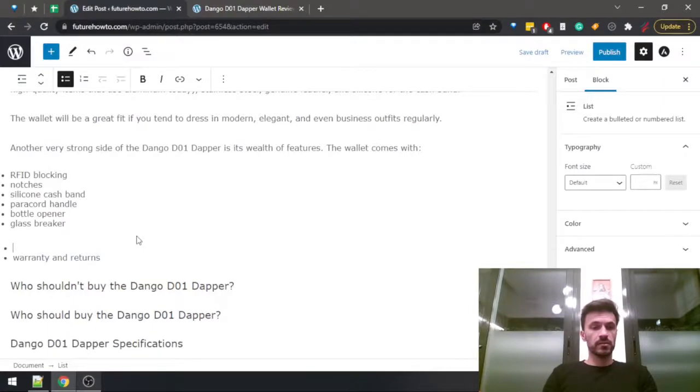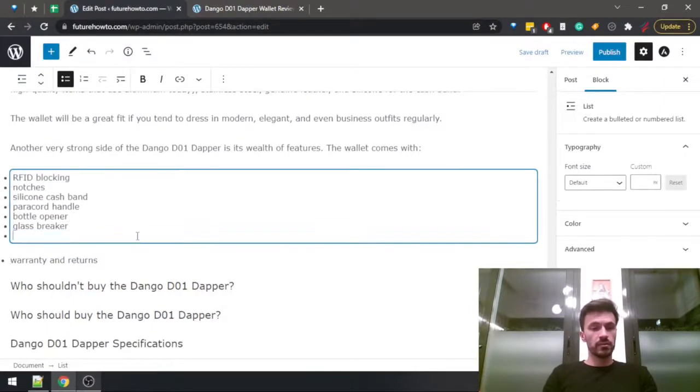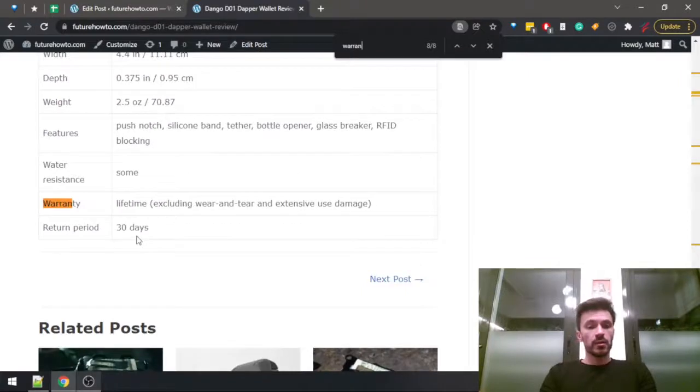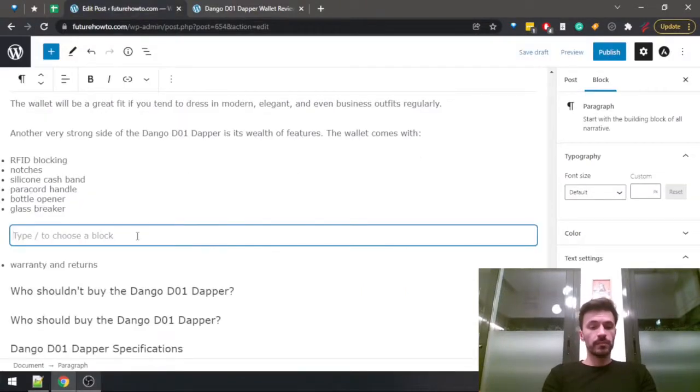Okay, that's good. All that's left to be done here is warranty, lifetime warranty. The lifetime warranty is just another piece of evidence for the wallet's durability.